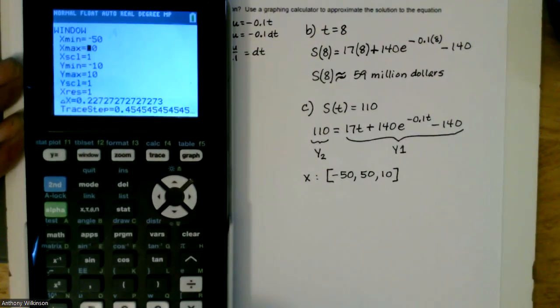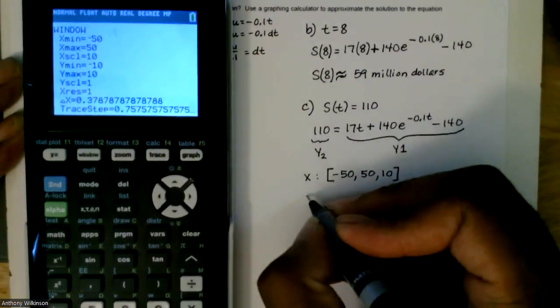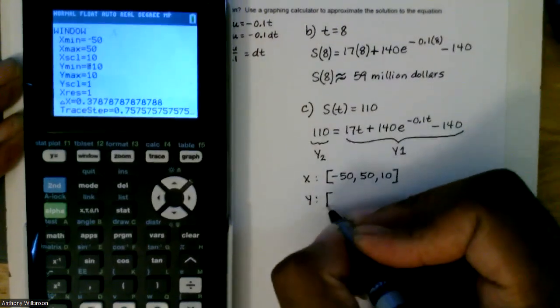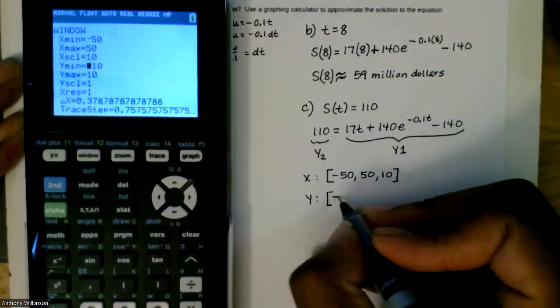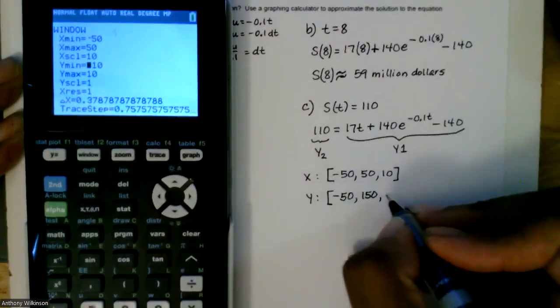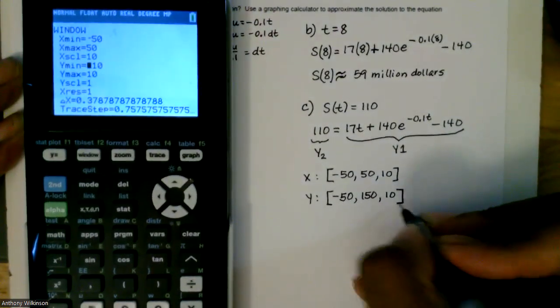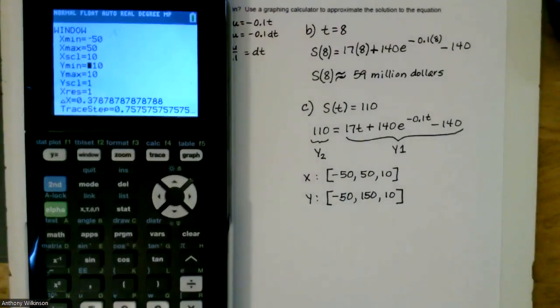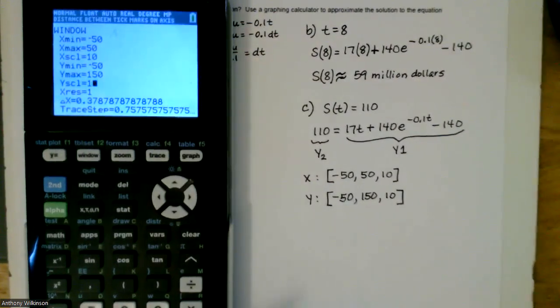Go down to x max, it would be 50. Then x scale would be 10. Now, for the y, I'm going to give you this here. From negative 50 to 150 in increments of 10. So for the y min, it'll be negative 50. Y max will be 150. Your y scale will be 10.